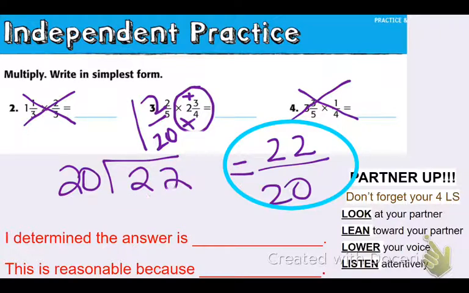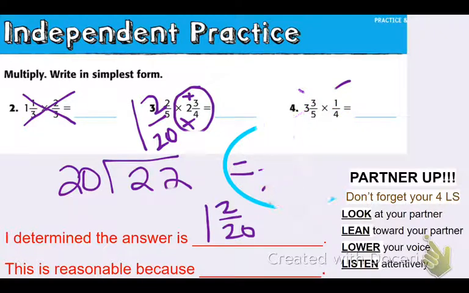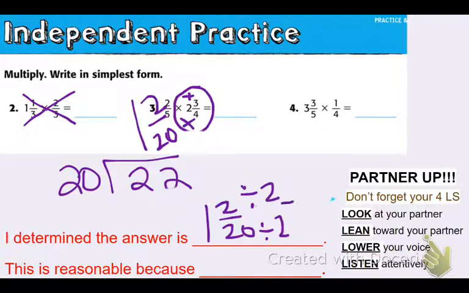So I determine the answer is 1 2/20. Now, is it reasonable? No, it's not reasonable because I can still simplify. I can still divide the numerator and the denominator by 2. That's their greatest common factor.